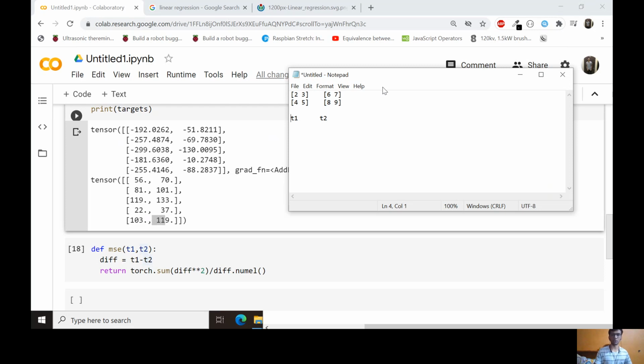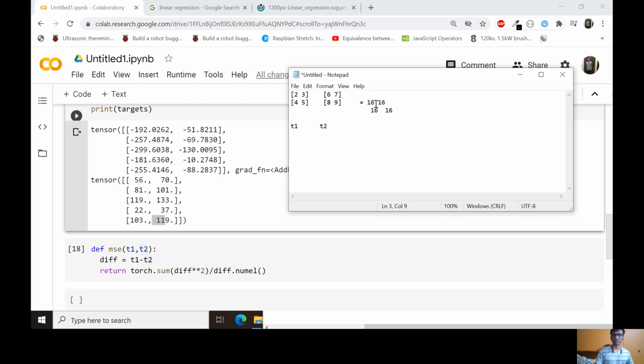So how will our minimum square error, or MSE, work? It will be 2 minus 6, that's minus 4 whole square, that's 16. Then 3 minus 7, which is minus 4 whole square, again 16. 4 minus 8, again 16. Sorry for this example, but just take all of these as 16.